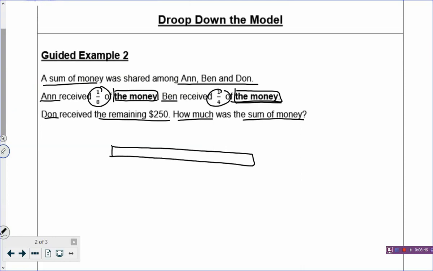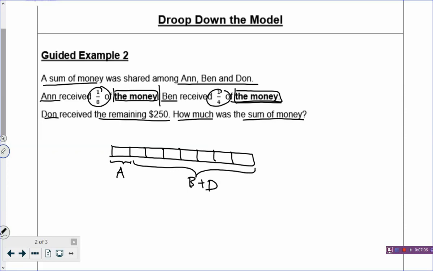So it means the money has 8 boxes. So 4, 5, 6, 7, 8, and Anne received 1 box. And of course, who will receive the rest of the boxes? That will be Ben and Don. Okay, so that's how you draw until here.